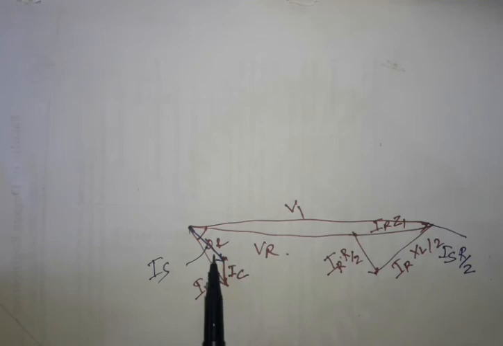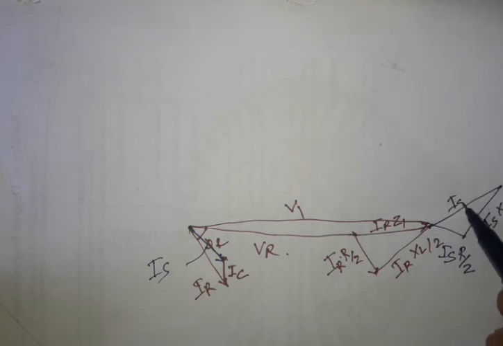Then at 90 degrees to current Is is our inductive drop, so we draw the line Is into XL by 2. Resistive drop plus inductive drop is equal to our impedance drop, Is into Z by 2.